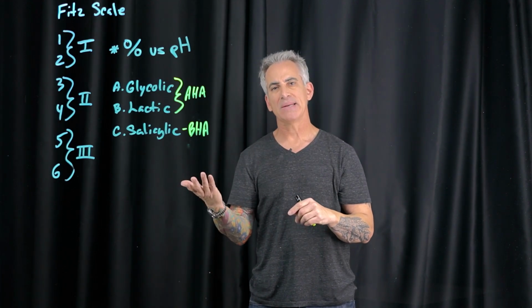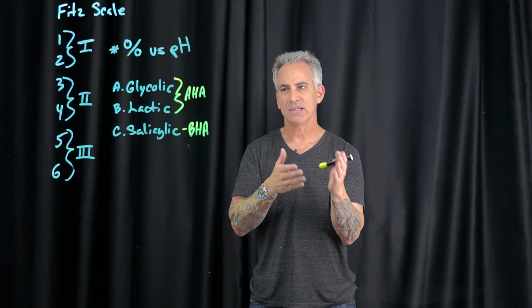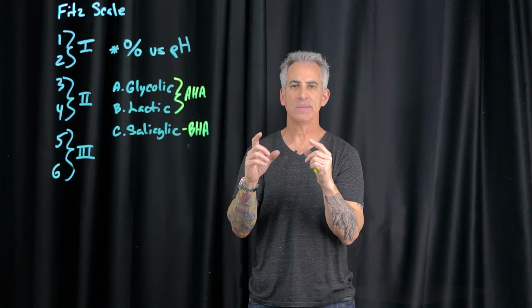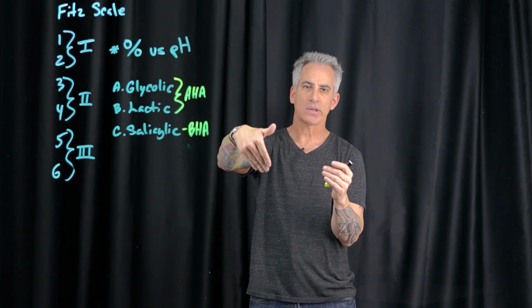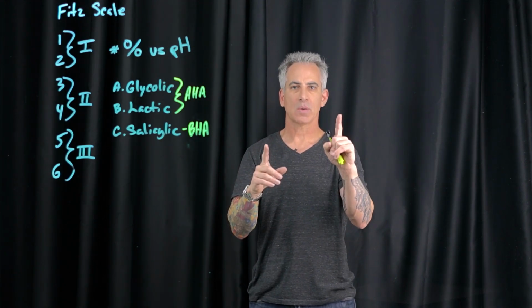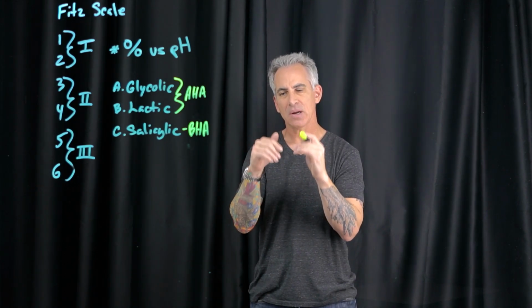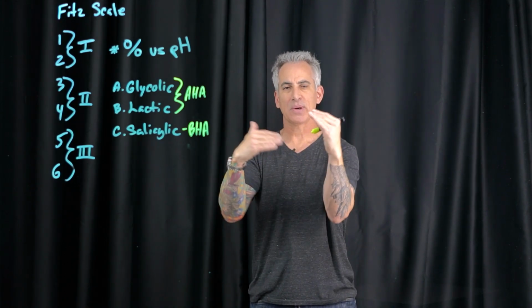The reason that's a bad thing is because glycolic acid at 10, 20, or 30% cannot produce that pH. You see, if you have 100% volume of a liquid and you apply 10, 20, or 30%, the water or the other ingredients that make up the total volume cannot, on average, bring down that pH.